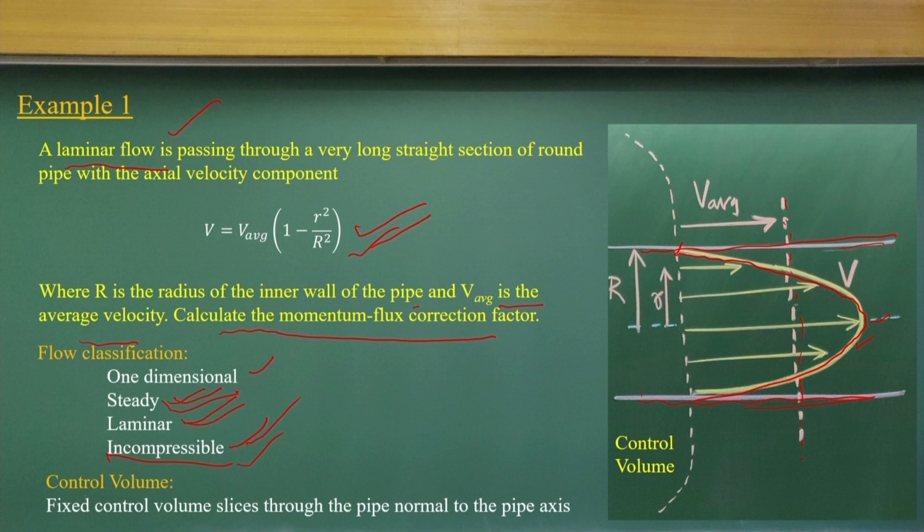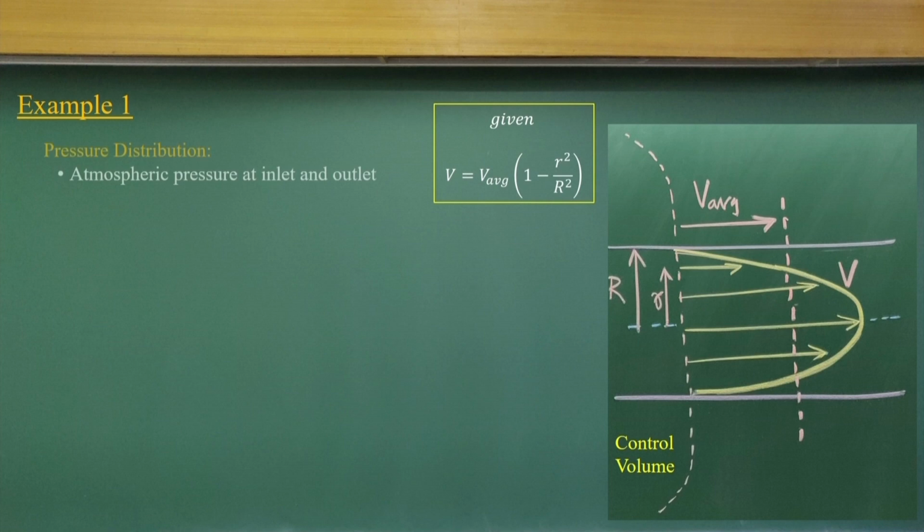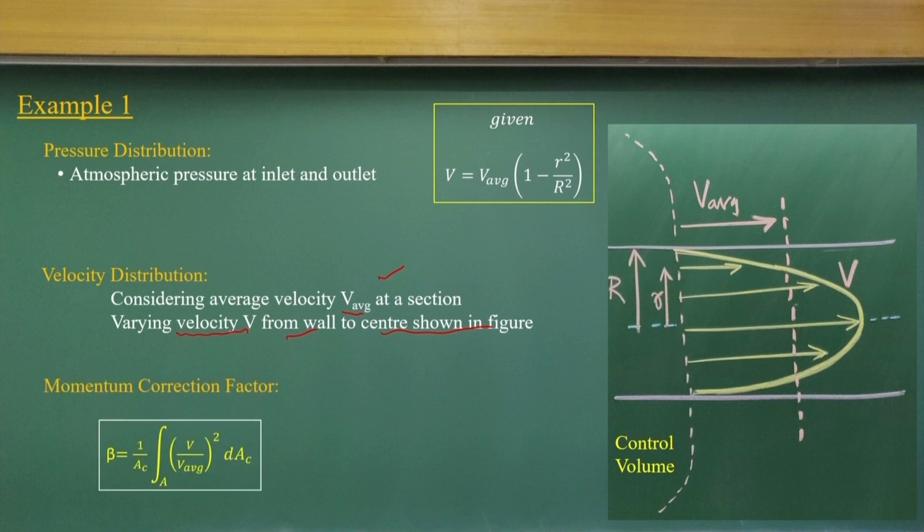Here we can consider a control volume, slicing the pipe normal to the flow, where we want to find the velocity distribution. Now we have these distributions like this, and since I have the average velocity V average at a section, and the velocity V varies from the wall to the center as given in the figure, I want to compute the momentum flux correction factor.